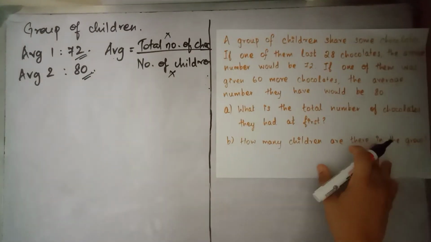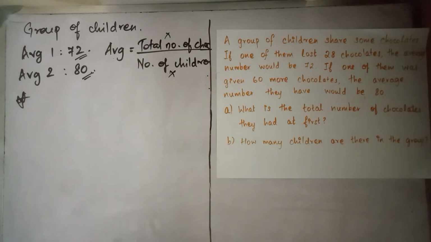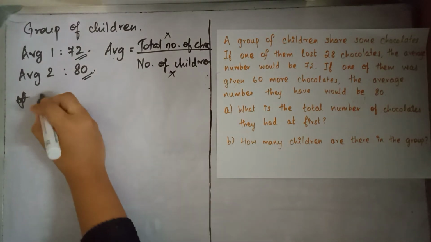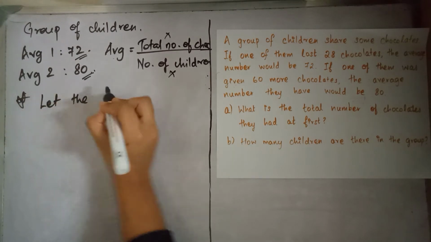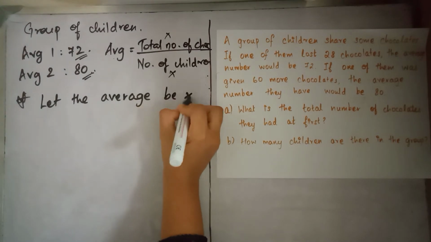What we can do is, we can have the number of group of children as y and the average as x. Sorry, the average is x. Let the average be x.